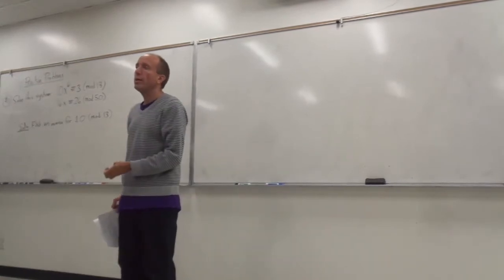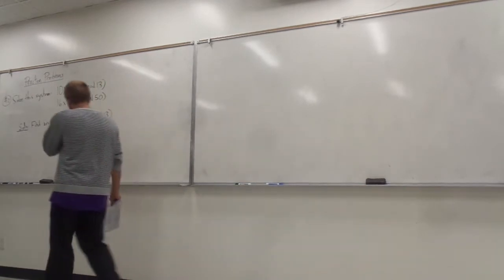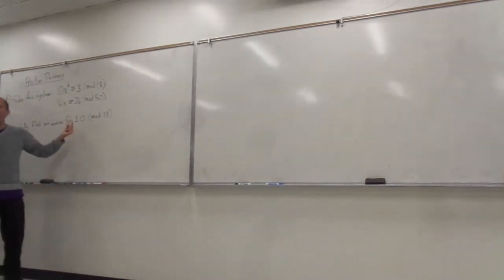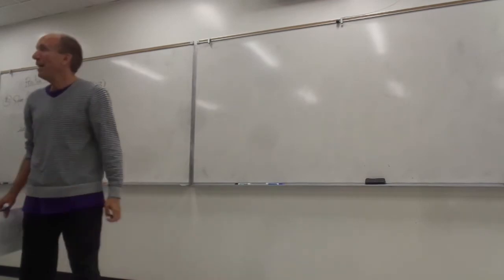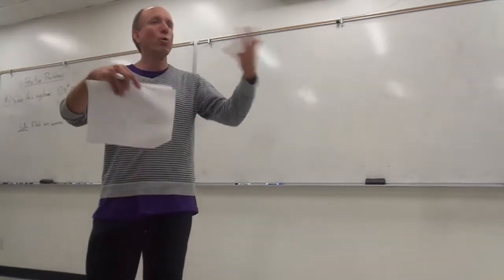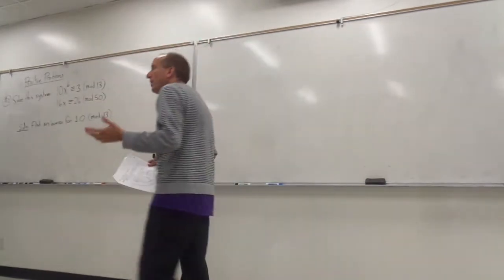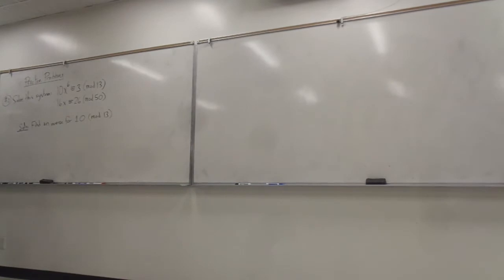Or, with numbers this small, you can just guess the answer. Because you can see, for example, that 10 times 4 is 40. But in mod 13, 40 is the same as 1. Right? So essentially, 10 times 4 is 1. That means the 4 is like the inverse for 10. If you can just see it like that, then you'll save yourself the hassle of it.